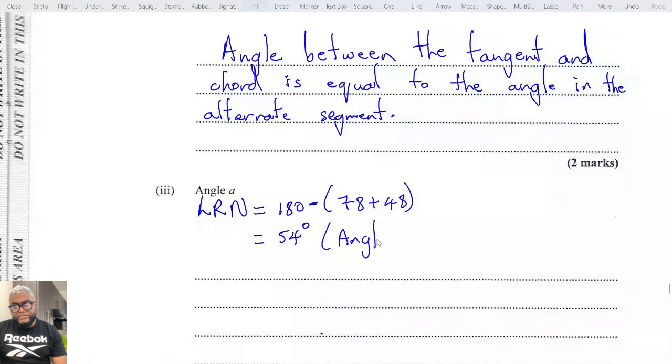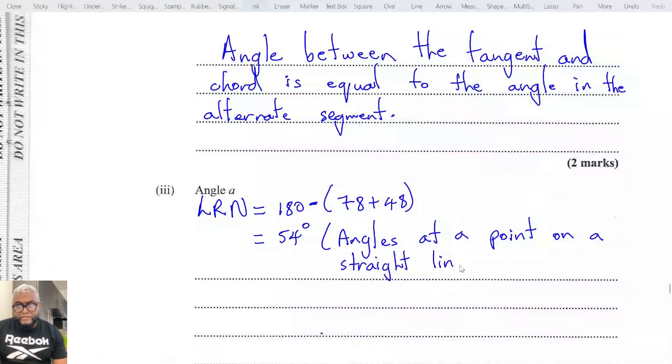Reason: angles at a point on a straight line add up to 180 degrees, right?